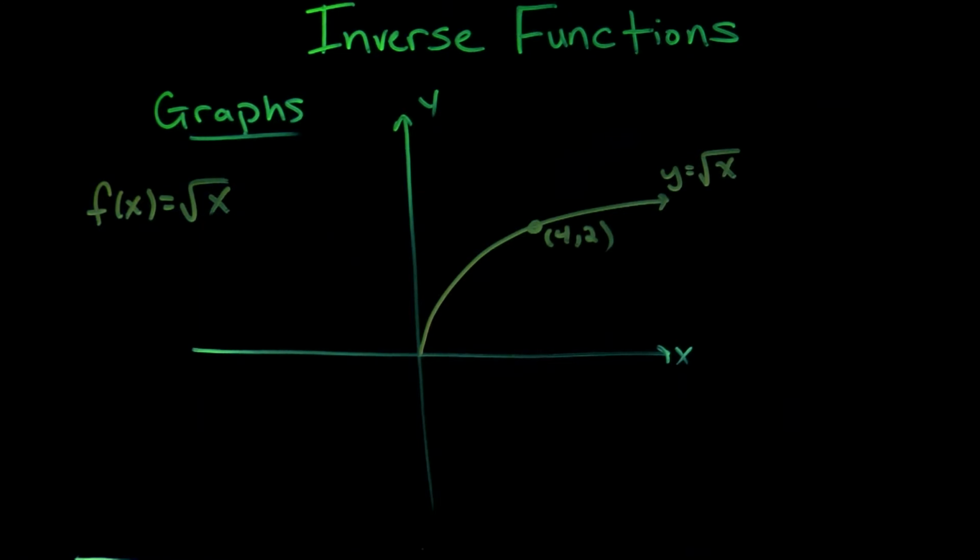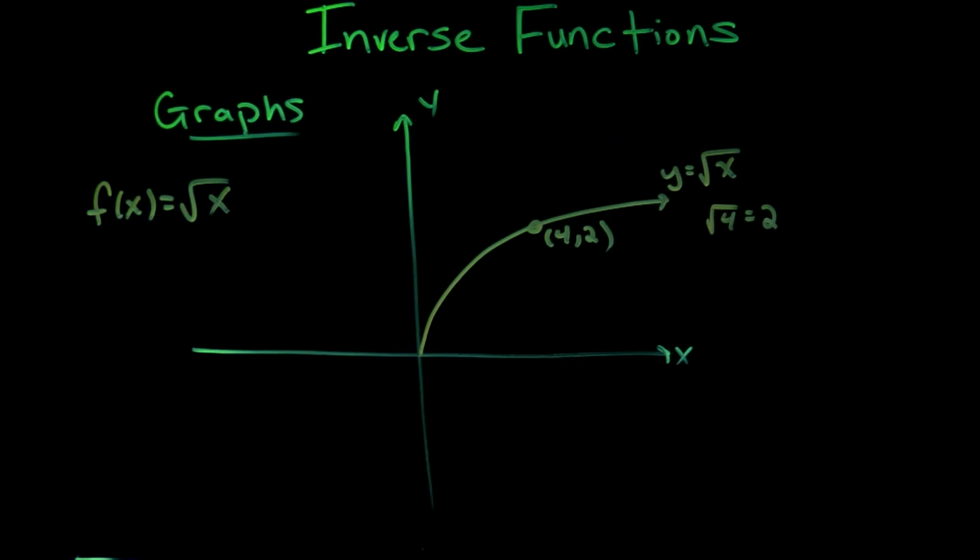We know the point 4 comma 2 is on the graph of the square root function because the square root of 4 is 2. So when x is 4, y is 2. Remember, the inverse function is going to flip the input and the output.